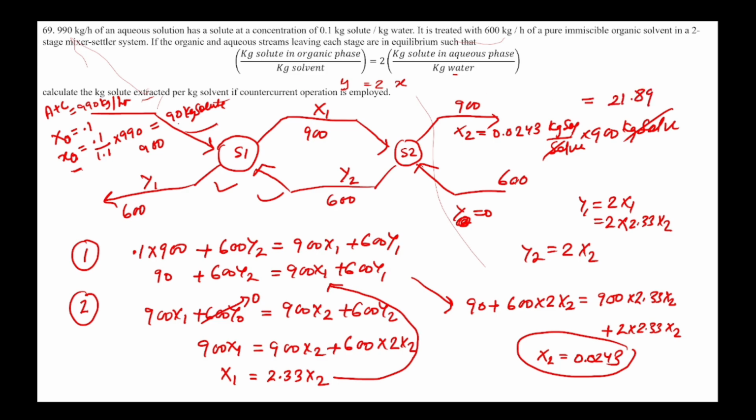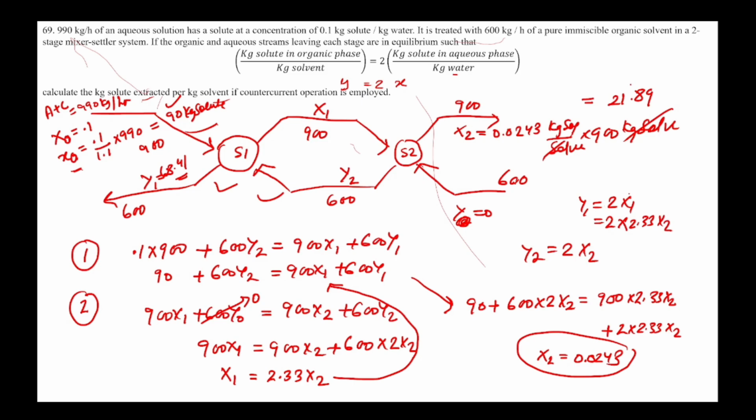Since we have fed 90 kg solute and the remaining is 21.89, the kg of solute extracted is 90 minus 21.89, which is 68.41. So this y1 should be 68.41.